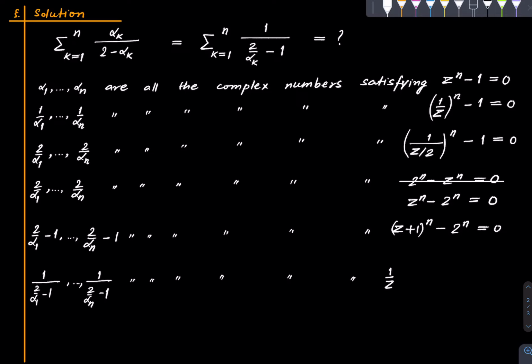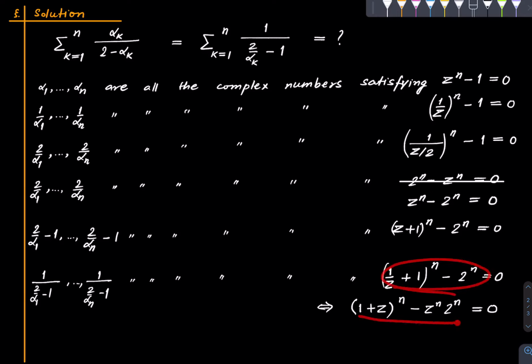This is just (1/z + 1)ⁿ − 2ⁿ = 0, which is the same as (1 + z)ⁿ − zⁿ2ⁿ = 0. Right? Satisfying this equation is as good as satisfying that equation. Just convince yourself. Is the computation correct? Yeah, it is correct.